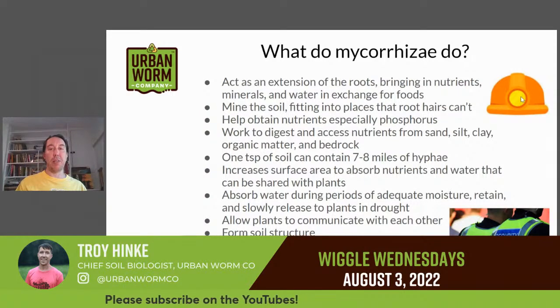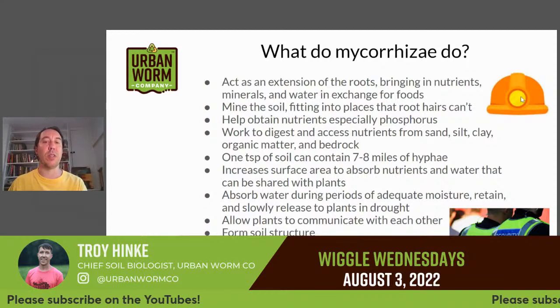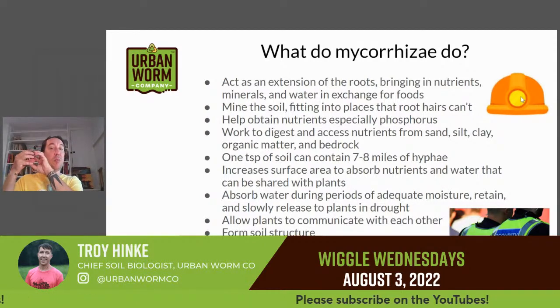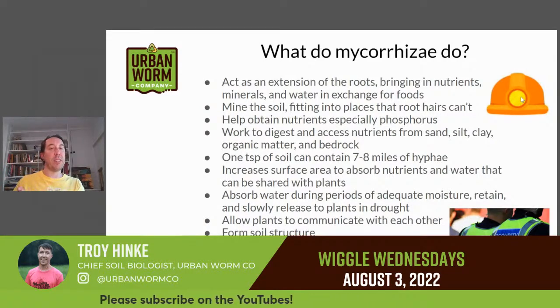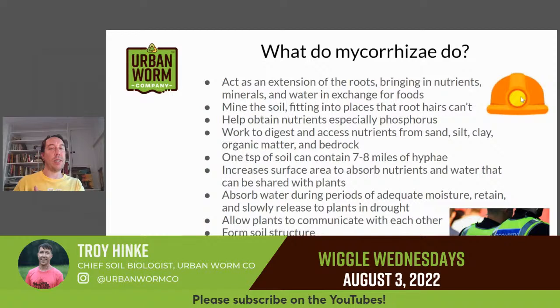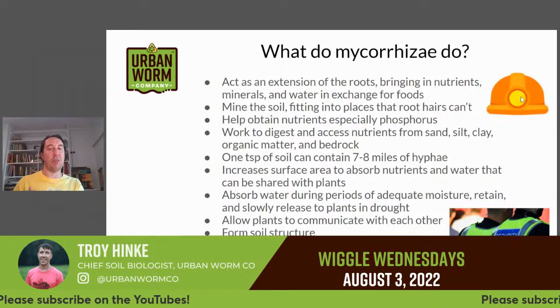If you think about all this hyphae growing into the soil beyond the roots, you're going to increase the surface area and be able to absorb more nutrients and water that can then be shared with the plants. One other thing that they do is absorb water during periods of adequate moisture, and then they hold on to that in their cells, and they can slowly release it to plants during a time of drought.